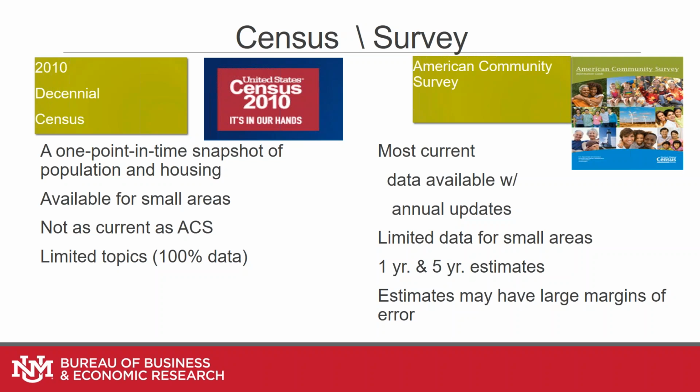The problem with survey data is that it's limited for small areas. The American Community Survey tries to solve that by putting out 1-year estimates and 5-year estimates. But oftentimes when you step into a very small geography, you will see large margins of error because of the sampling error.